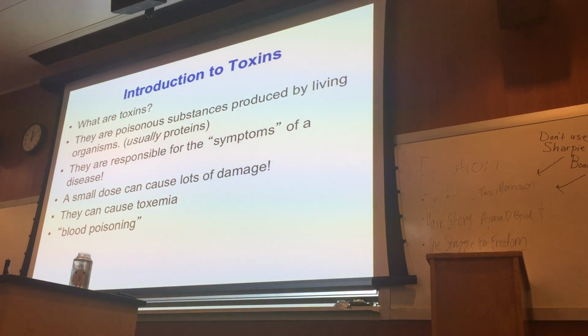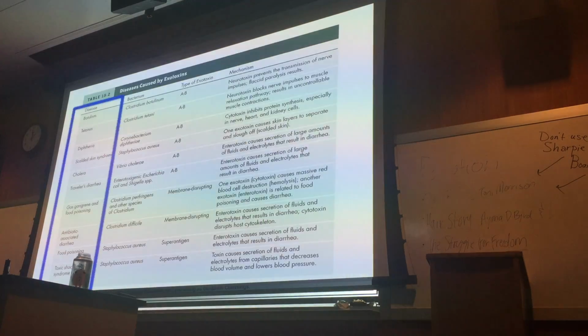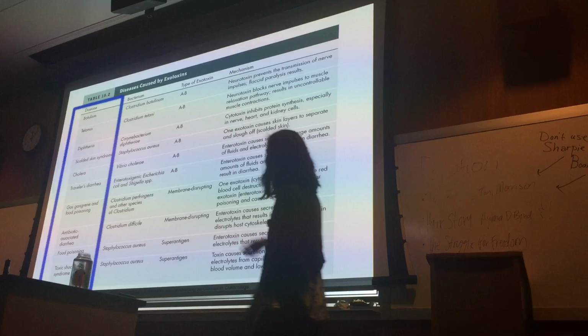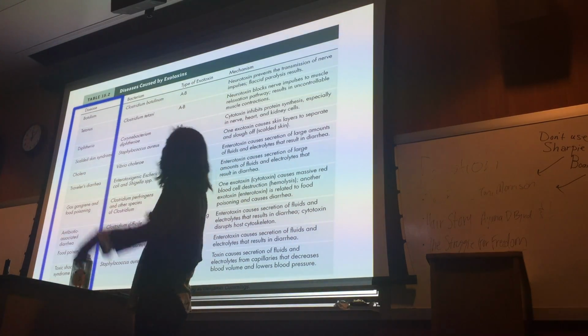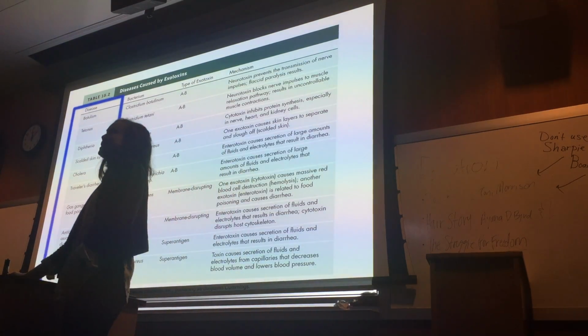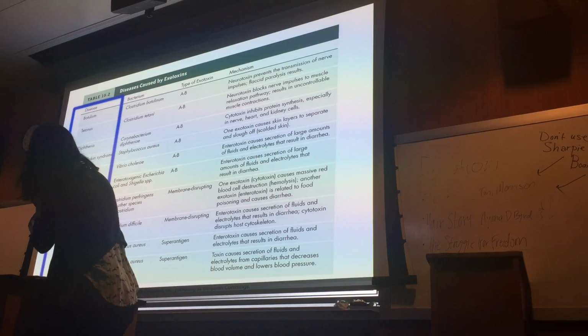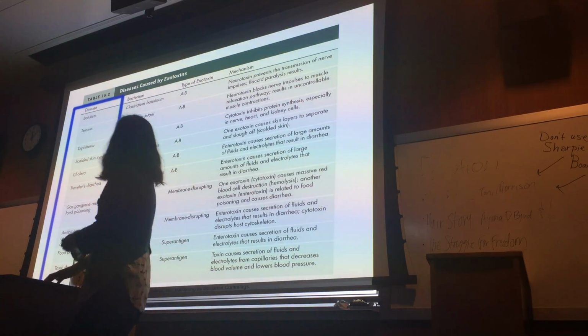All right. I don't expect you guys to memorize this chart by any means. I just highlighted with a blue box some diseases that we might have heard of that are all due to toxin production. So tetanus is on the list. Tetanus is caused by a toxin.